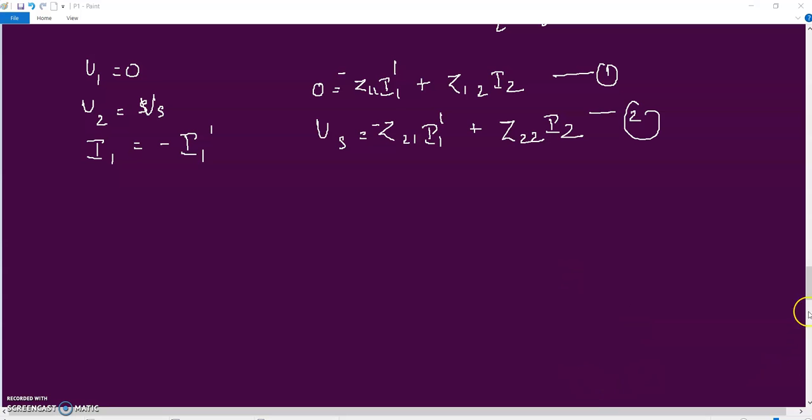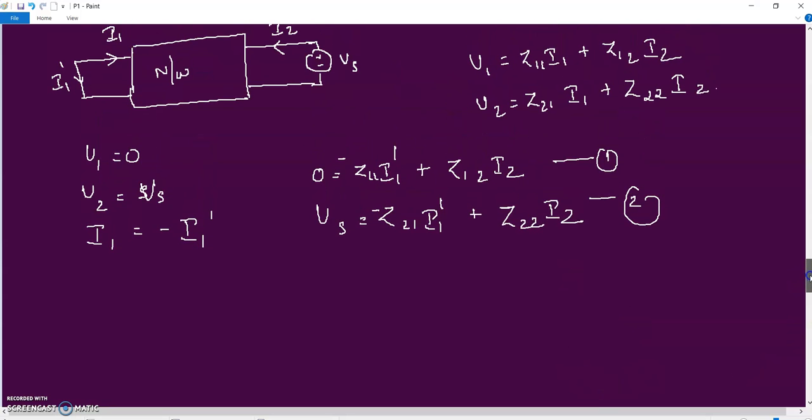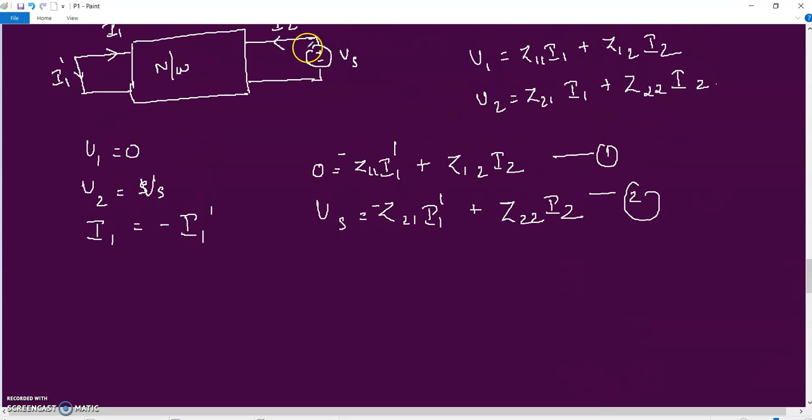Here we need an equation in terms of Vs and I1 dash. So from the first equation we will get I2 in terms of I1 dash. Now in the second equation, put that I2 in terms of I1 dash, and thus we will get an equation in Vs and I1 dash alone.